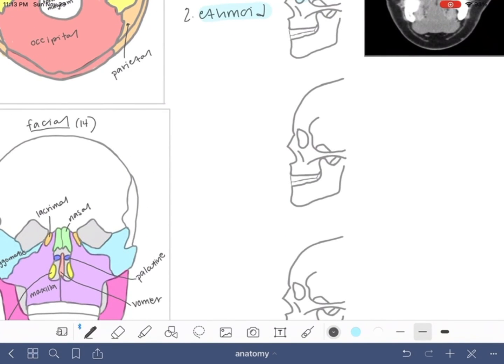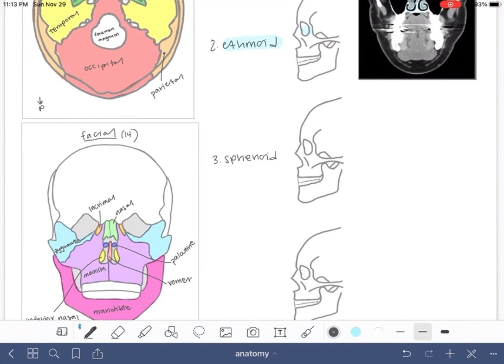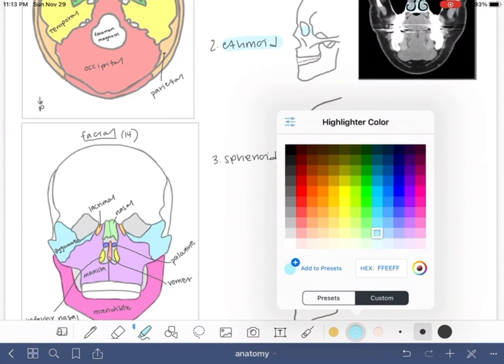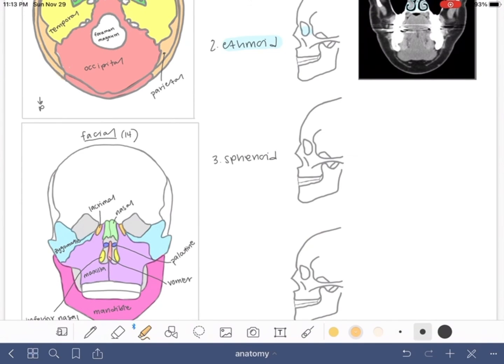Okay, the next one we're going to talk about is the sphenoid sinus. I bet you can guess that this is in the sphenoid bone. Let's get a new color here, orange.